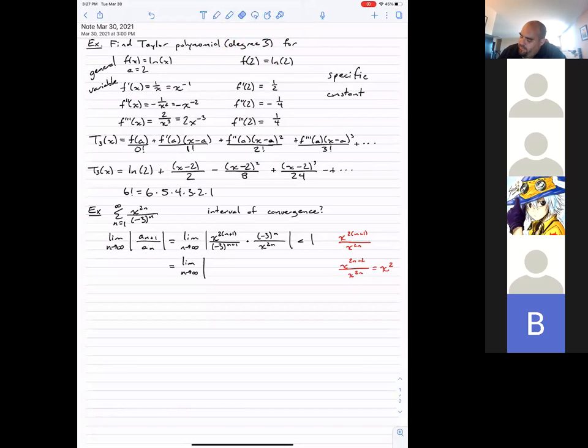So back over here, I'll have x squared in the numerator. And what will I have in the denominator? Just another negative, -3. And I want that to be less than 1.